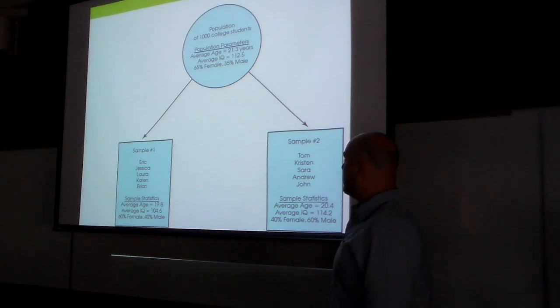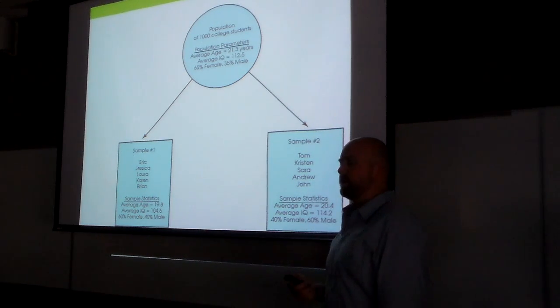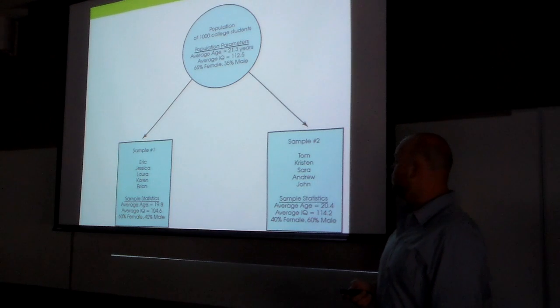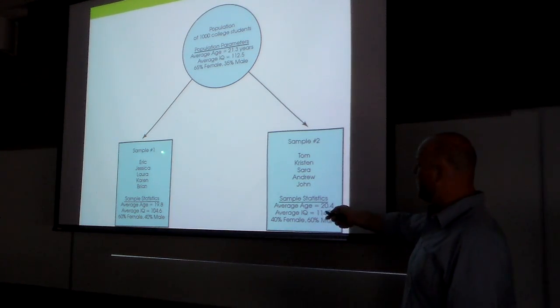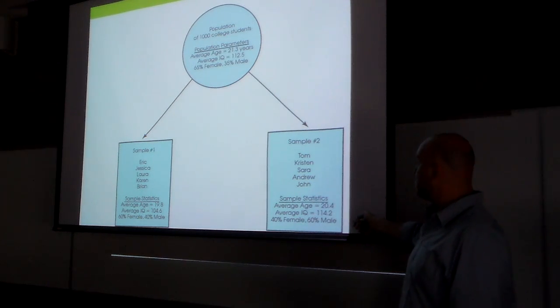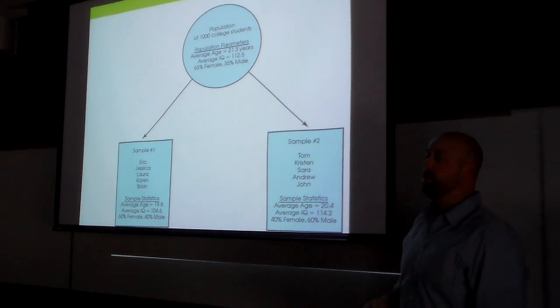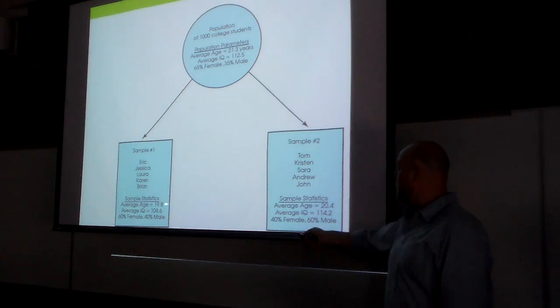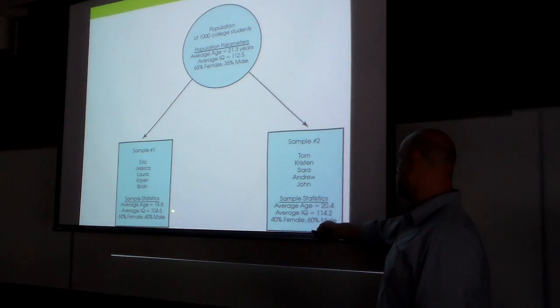But let's say I go through and I take 2 samples. Now, these aren't very good samples because they're 5 people, right? But we got sample 1, sample 2. These are the people in sample 1. These are the people in sample 2 who we've drawn from this population of 1,000 people. In this case, average age, just under 20. Average IQ, 104.6. 60-40 breakdown.